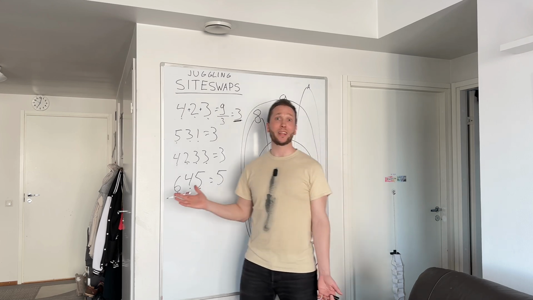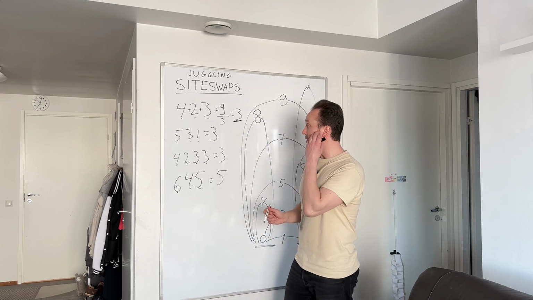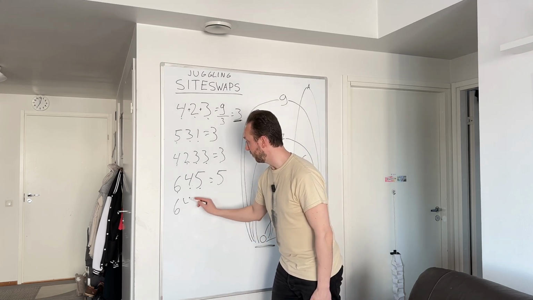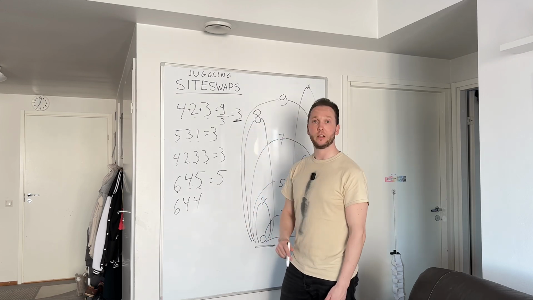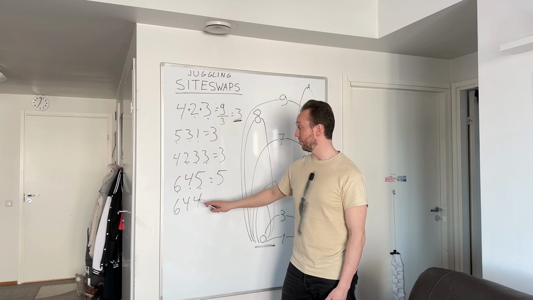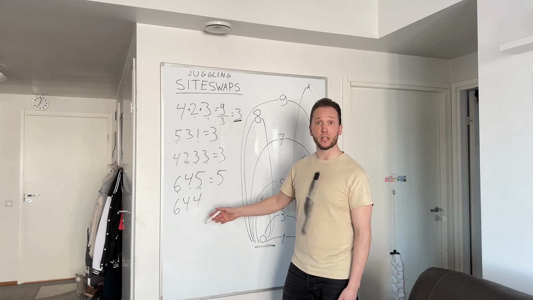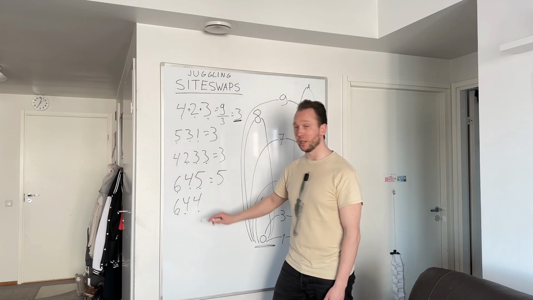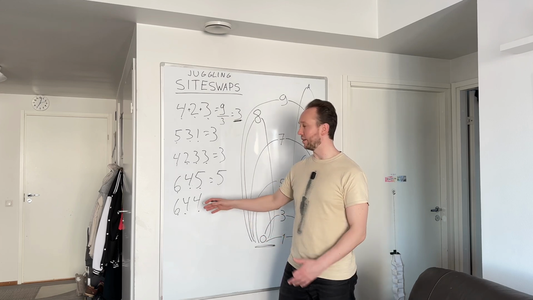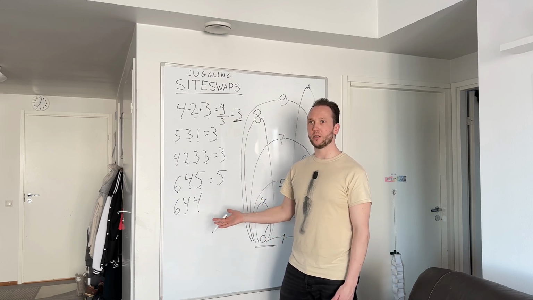Okay, so that's it. Now, if we get some different result, let's put 6, 4, 4. Okay, then we count 6 plus 4 equals 10, plus 4 equals 14, divided by 1, 2, 3, and then we divide 14 by 3, then we get like 4.6 something.